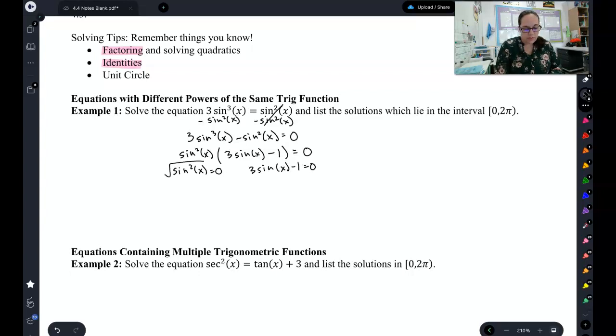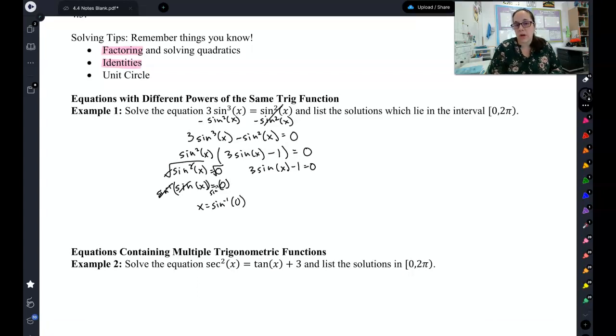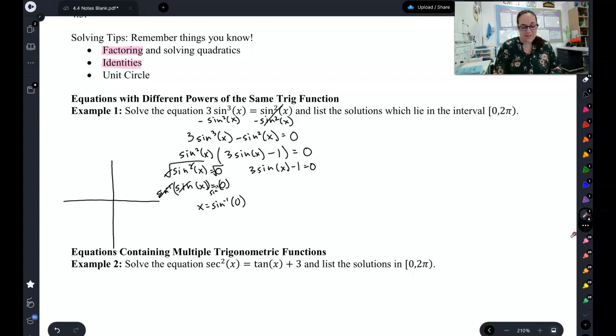So we're going to square root over here, get rid of the squared, and we can do the arc sine of both sides to get rid of the sine. So I get x equals arc sine of 0. So let's go to our unit circle and figure out where is the sine or the y value 0.